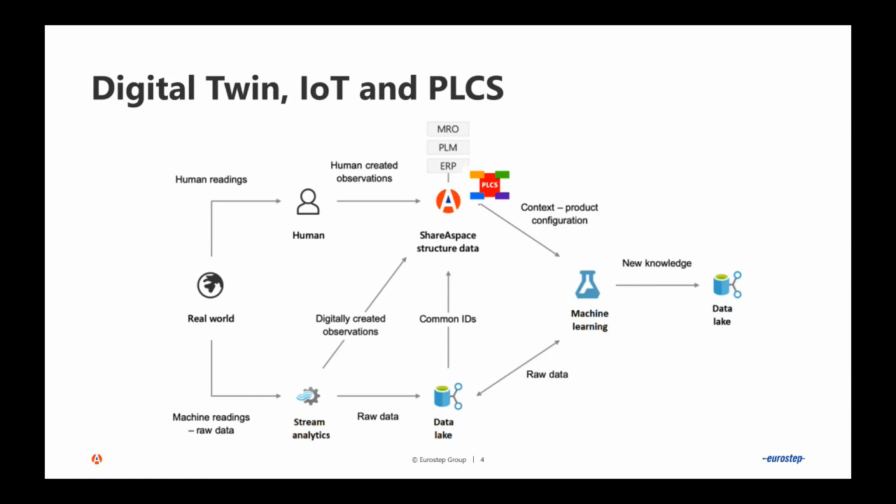But with machine reading, we apply something very similar. We have machine readings coming, many sensor readings a second, and then we have stream analytics looking for discrepancies, things that seem to be happening outside the normal. And when something like that happens, we create a digitally created observation and connect that to the ShareAspace. In ShareAspace, we get the context. We know exactly how the product looked like, the configuration of it, how it was used at that time when this came, and so on.